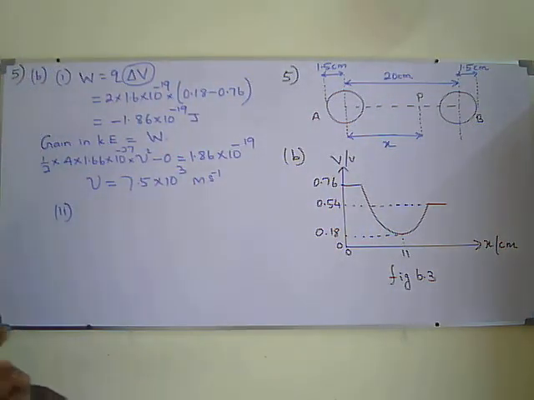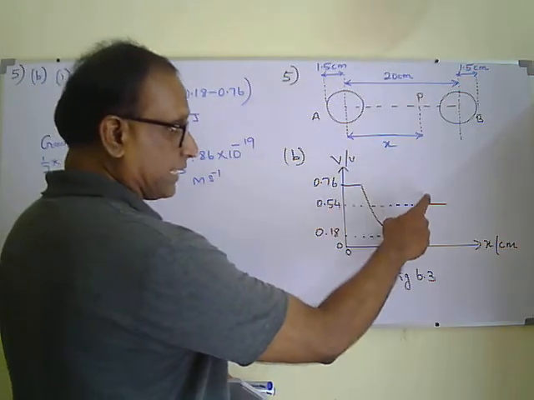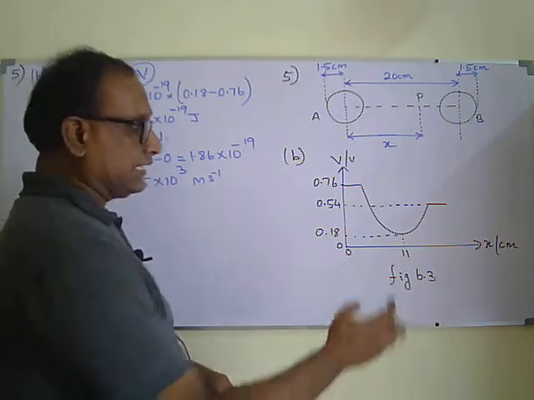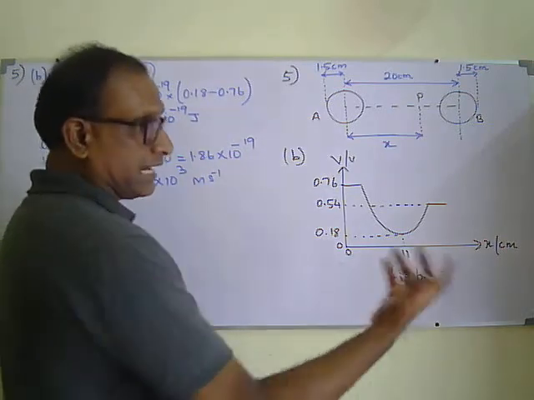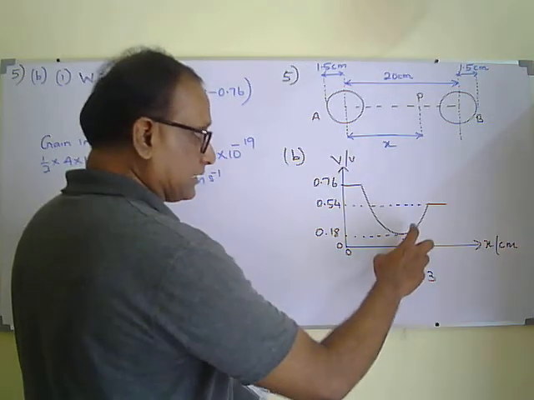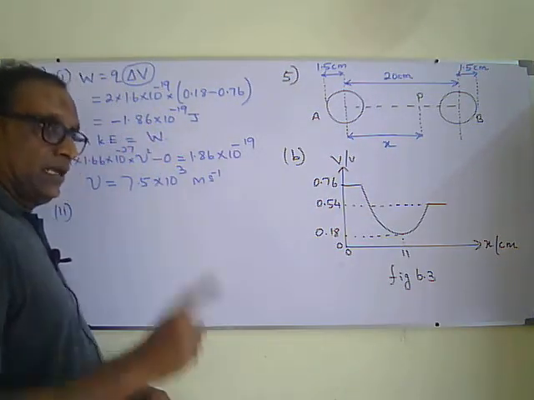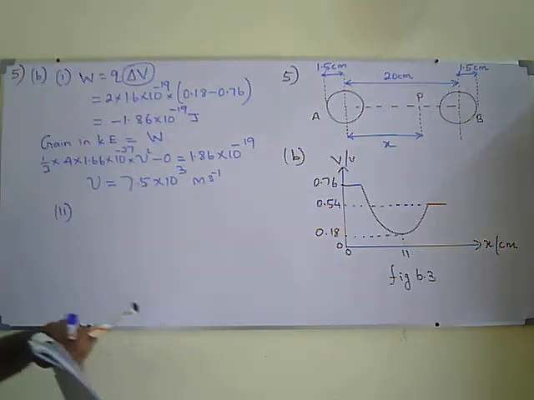Work done is going to be negative, so it will gain kinetic energy. It was at rest, so I can find the speed here. That is easier. But if you want, you can consider these 2 points and find the potential difference. I'll do both methods. This potential minus this potential, there it's going to lose kinetic energy. But if you consider these 2 points, that is easier.